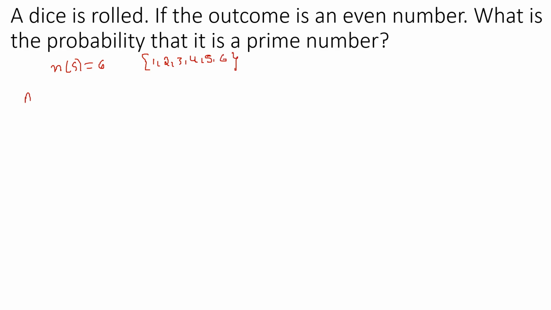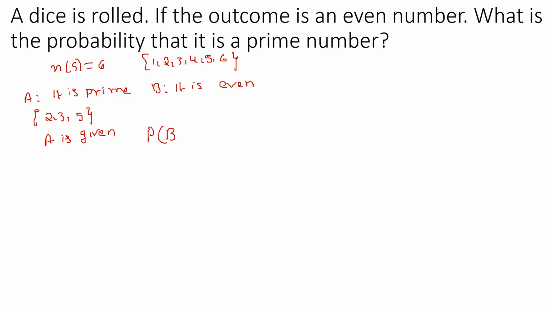Let event A be that it is a prime number, and event B be that it is an even number. The prime numbers are 2, 3 and 5. So A is given here, right? We need to find the probability of B when it is known that A has already occurred. What is the probability of B given A?